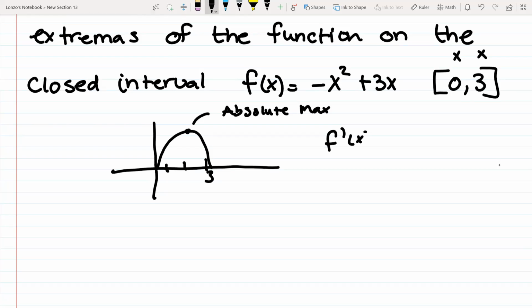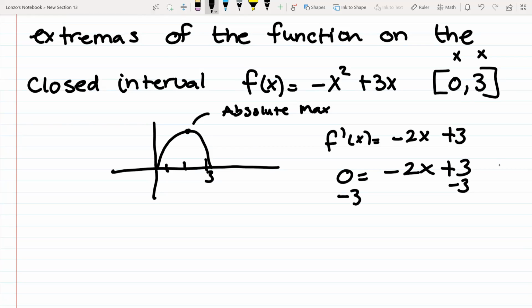So f prime of x would be the derivative of negative x squared, which is negative 2x, and the derivative of 3x is 3. Set it to 0 and solve for x. So subtract 3 and then solve for x. You get positive 3/2.